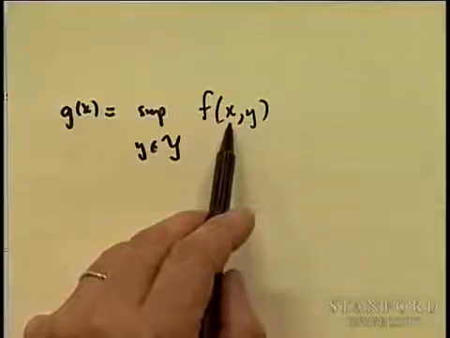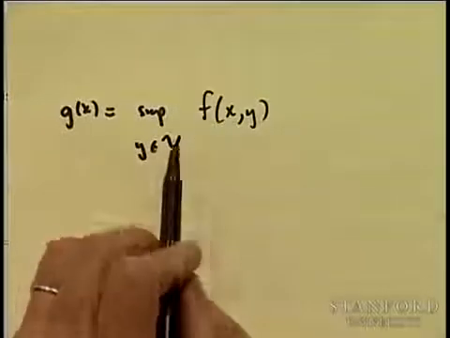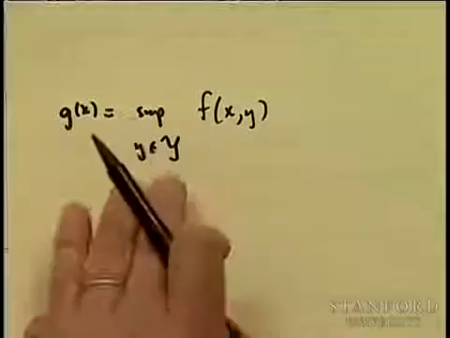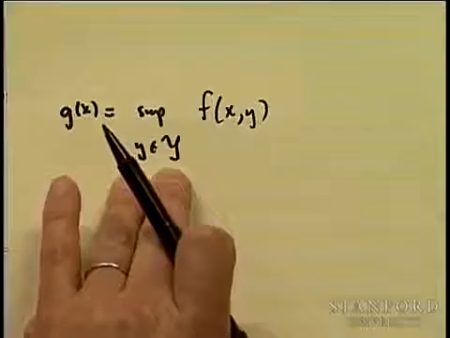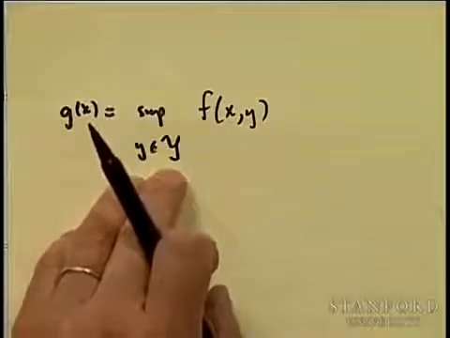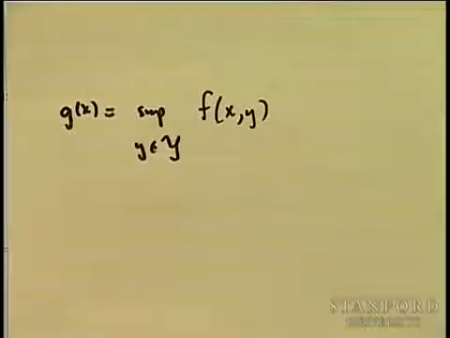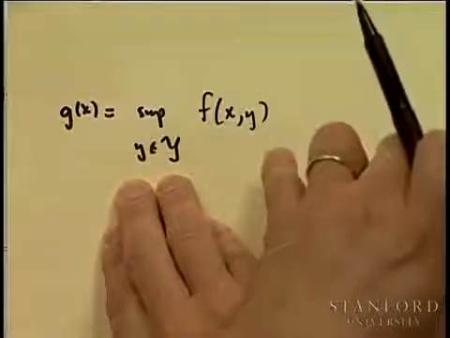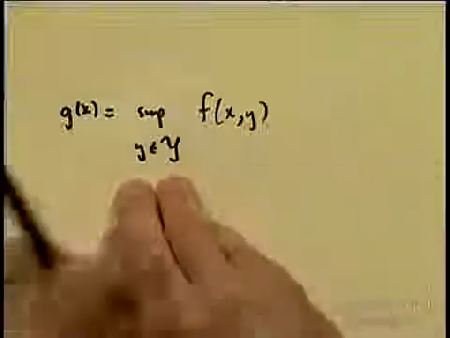Period. The set of y does not have to be convex. It doesn't even have to be R^n or a vector space. It could be an arbitrary set, so a supremum over a completely arbitrary family. When you maximize, nothing matters as to how y enters into this function.